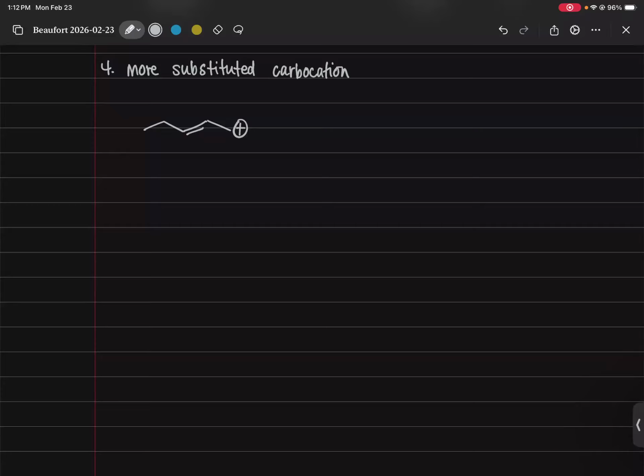So this looks a lot like our previous example. This is one of our patterns. Actually, all of these have been a pattern, but this is an allylic carbocation. And we know we can draw a resonance structure of an allylic carbocation by moving the pi electrons toward that positive charge.